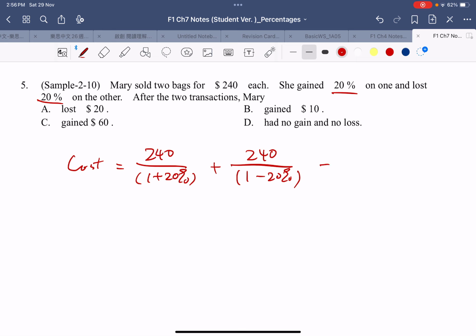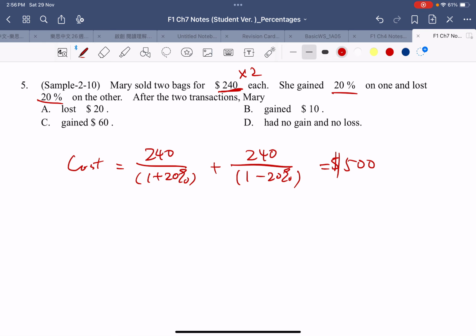All right, and this gives you $500 for the cost. Okay, but she is just selling 2 bags at this amount times 2.